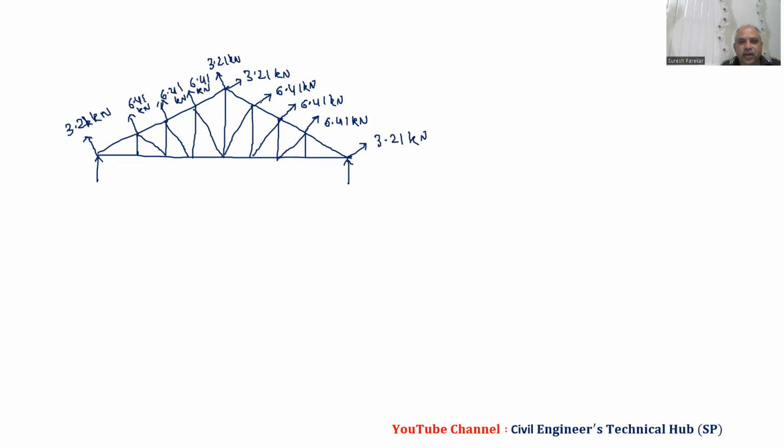The horizontal component of the left side will be cancelled by the right side, and we have to consider the vertical component. So we have 16.7, and therefore this again becomes 16.7.